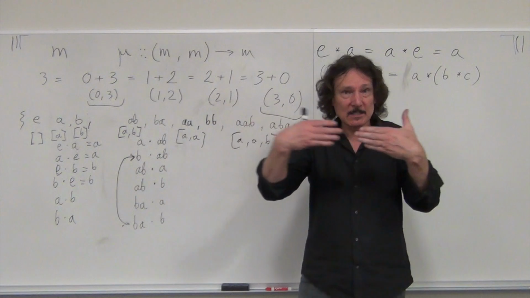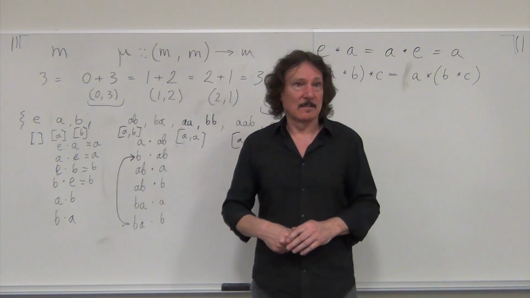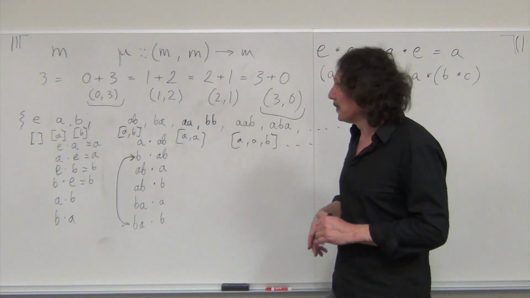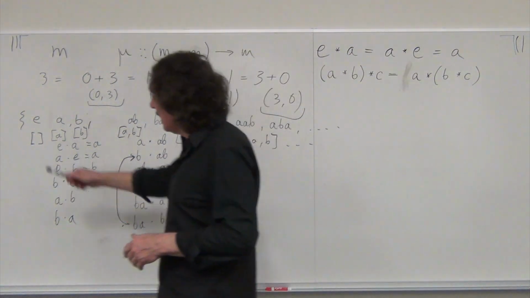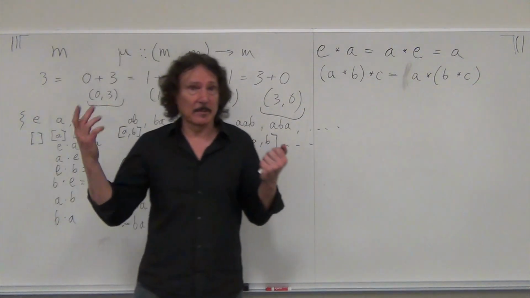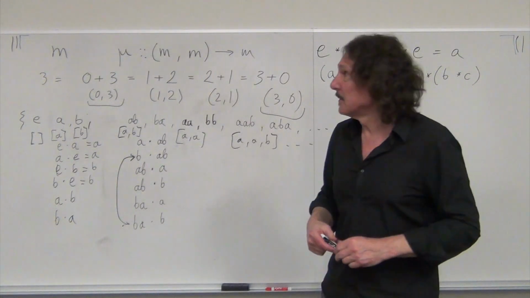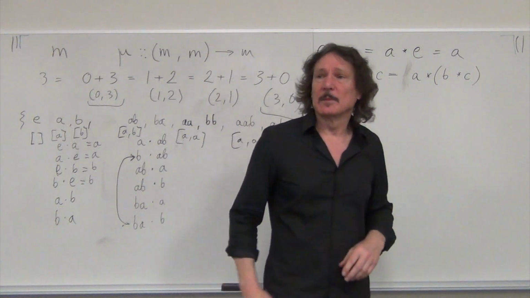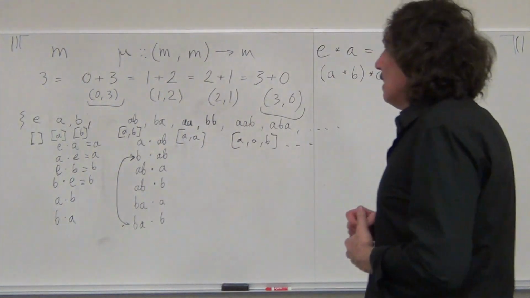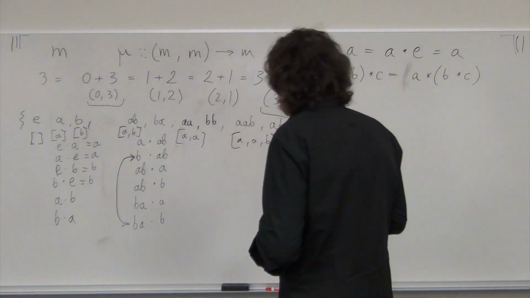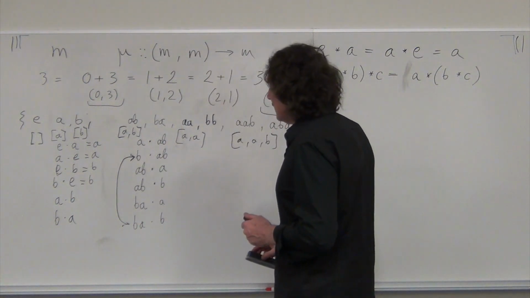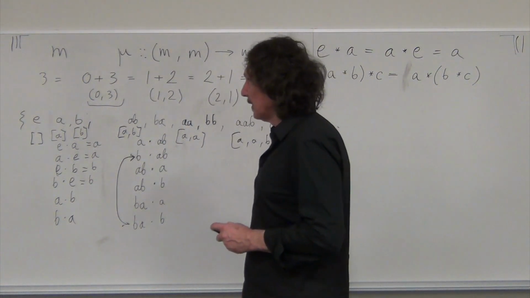Multiplication is just concatenation of these lists. And a neutral element is an empty list. So you concatenate an empty list, you get the same list. So that's what a free monoid is.